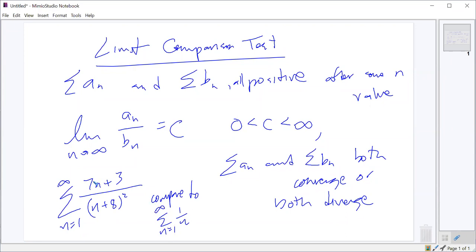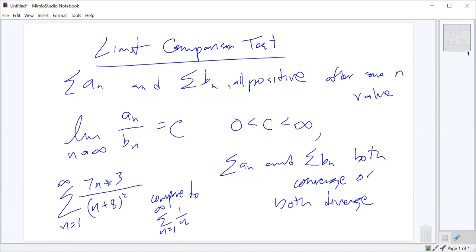You always sort of just take that: if it's n over n squared, you probably want to compare it to 1 over n. If it's n over n cubed, you're going to want to compare it to 1 over n squared. That kind of thing. This one's pretty straightforward. If you look at 7n plus 3 over n plus 8 squared, over 1 over n, you just end up with a finite number.